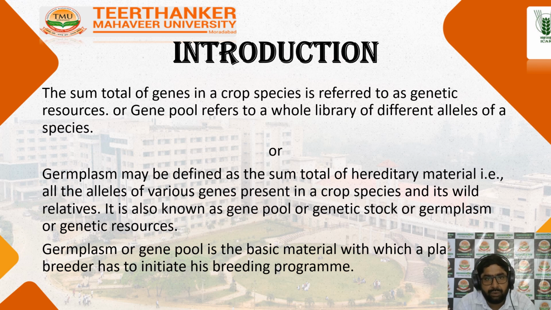The sum total of genes in a crop species is referred to as the genetic resource or gene pool, a whole library of different alleles of a species. In other words, germplasm may be defined as the sum total of hereditary material, or the alleles of various genes present in a crop species and its wild relatives.